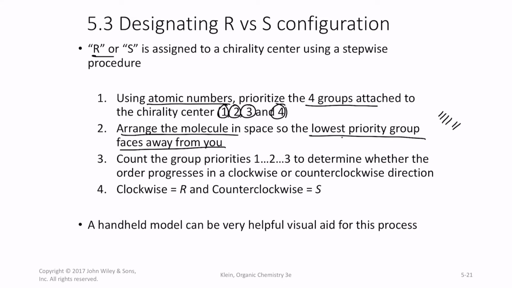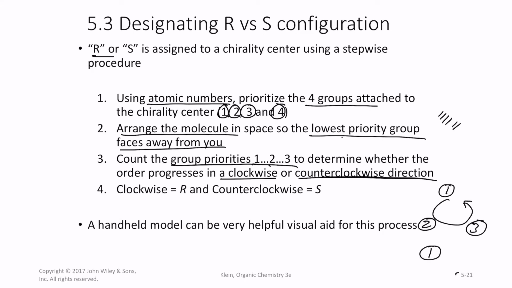And third, we count the group priorities 1, 2, 3 to determine whether the order progresses in a clockwise or a counterclockwise direction. So for example, if this is 1, 2, and 3, and 4 is in the back side, we don't count 4 every time. We'll check whether it's in the counterclockwise direction or in the clockwise direction. If it's counterclockwise, the configuration is S. If it is clockwise, the configuration is R.